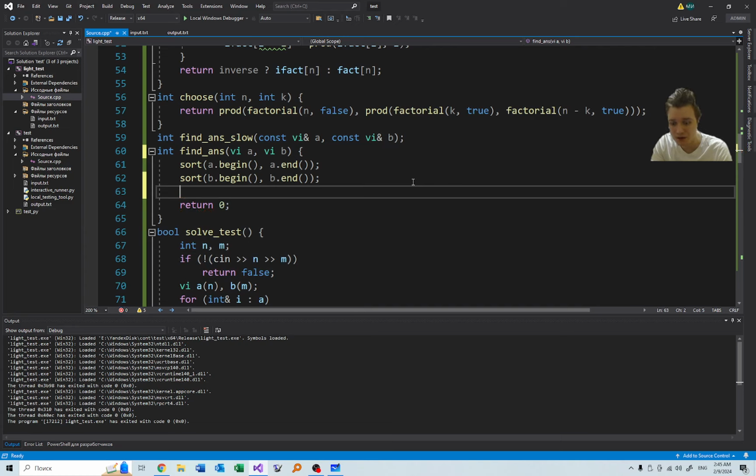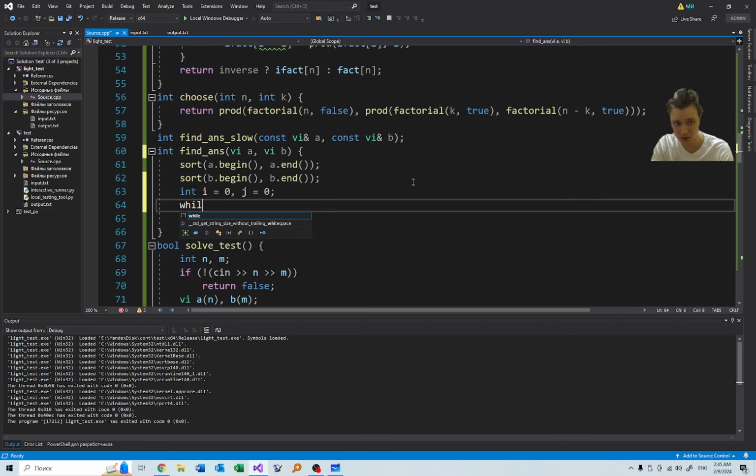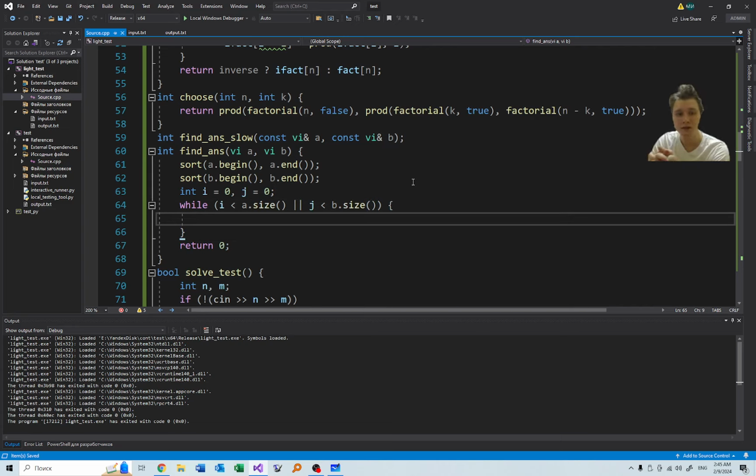So for int i equals 0, j equals 0, and while i is less than a.size or j is less than b.size, let's take u.